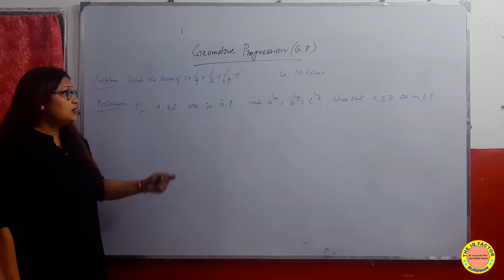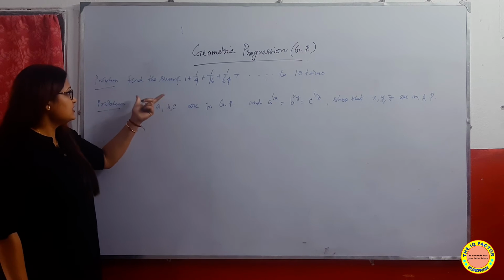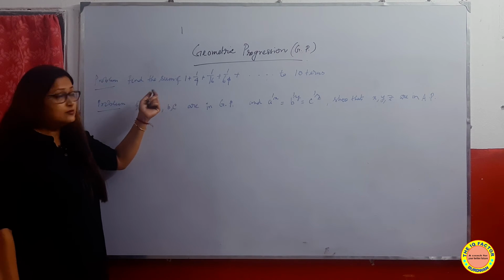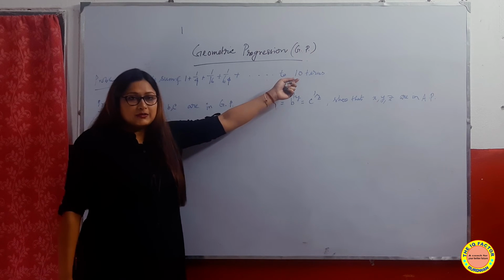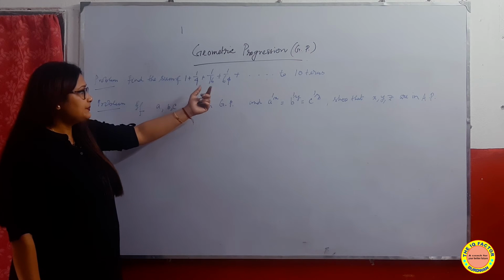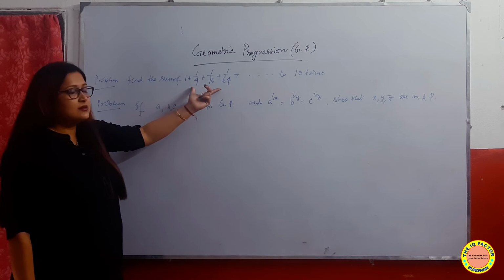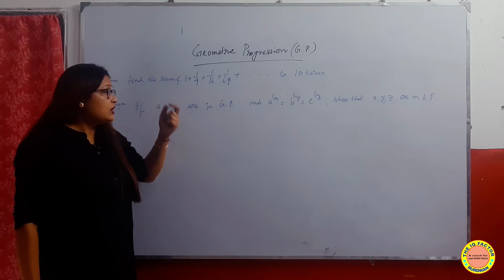Here is another problem for you to solve: the sum of that GP to n terms. If a progression is given, how to check whether it is in AP or GP? You know how to check.